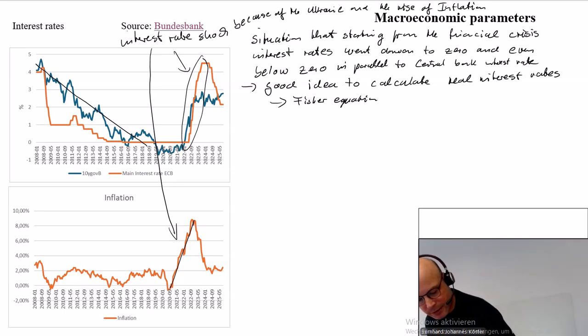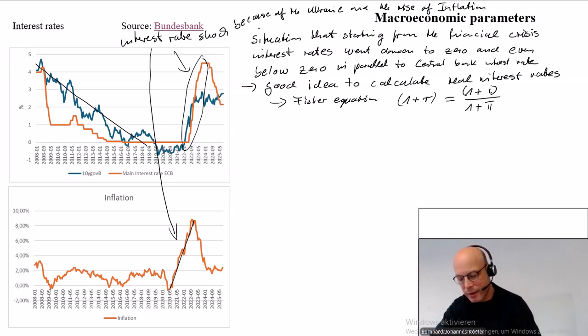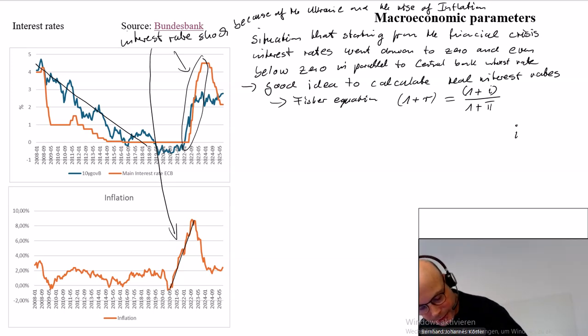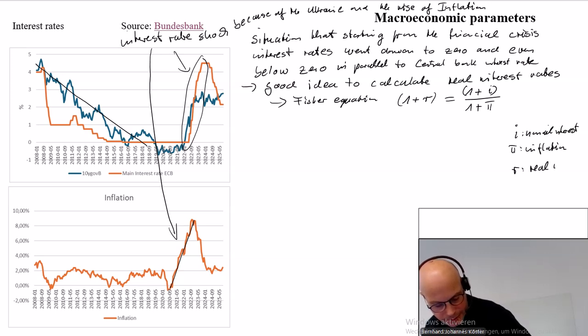And this was given by the famous equation 1 plus r, where r is the real interest rate, equals 1 plus i, the nominal interest rate, divided by 1 plus pi, the inflation factor. So i is nominal interest, pi is inflation, and r is real interest.